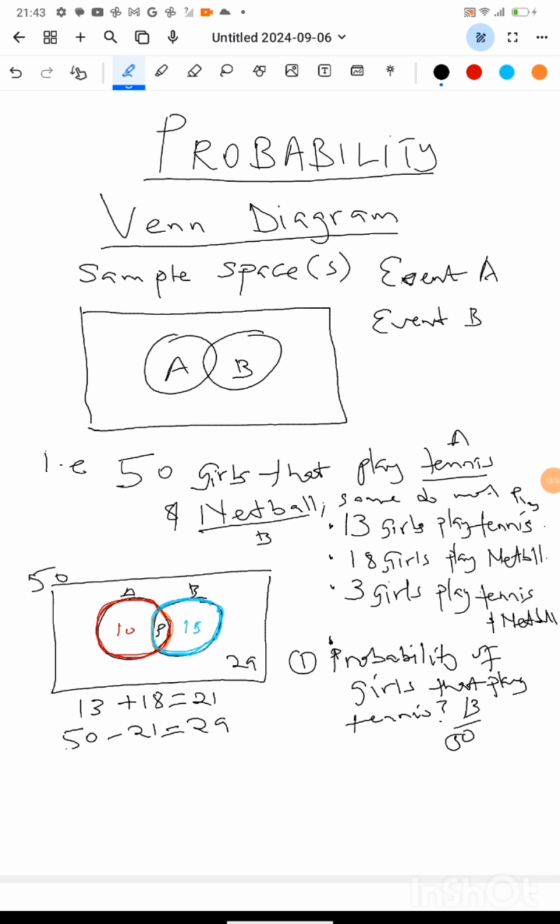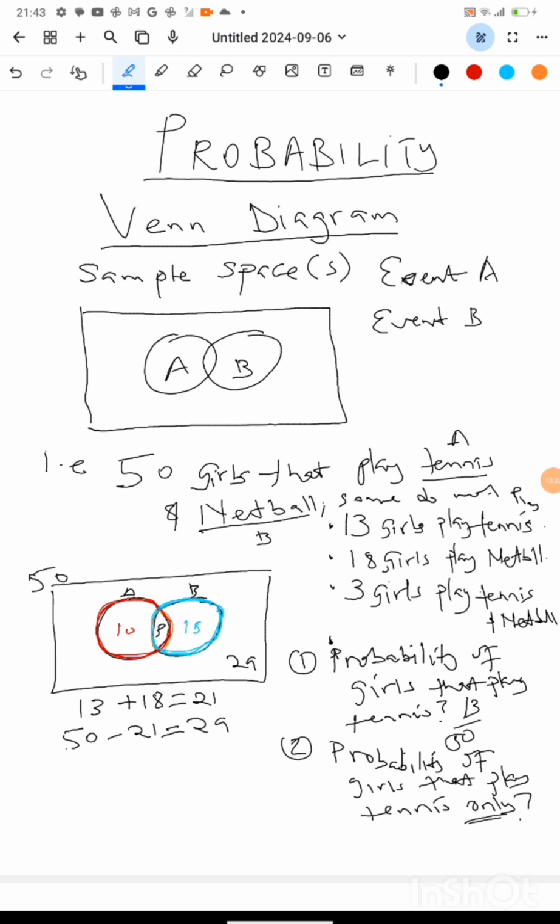Now, here is a question. Let's say the second question says: what is the probability of girls that play tennis only? Underline the word only.